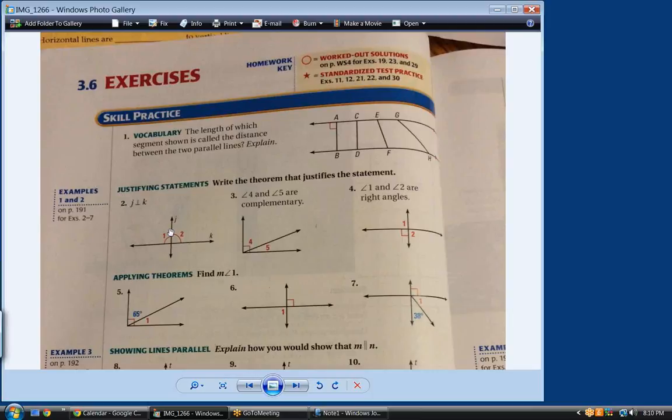The next 3 problems deal with the first 3 theorems of my subchapter. I suspect it's probably chapter 3.6 in your book. So what do they call the first theorem? It says theorem 3.8.